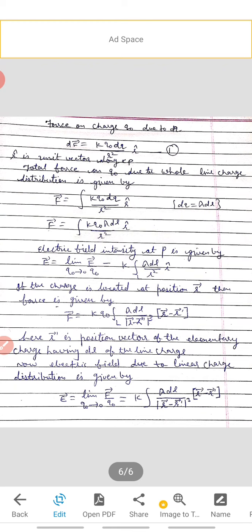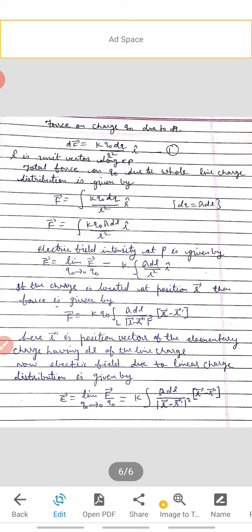So the electric field intensity at point P is given by E is equal to limit q naught tending to 0 of F divided by q naught. This is the definition of the electric field, and we get E is equal to k integration of lambda dl divided by r square r cap.